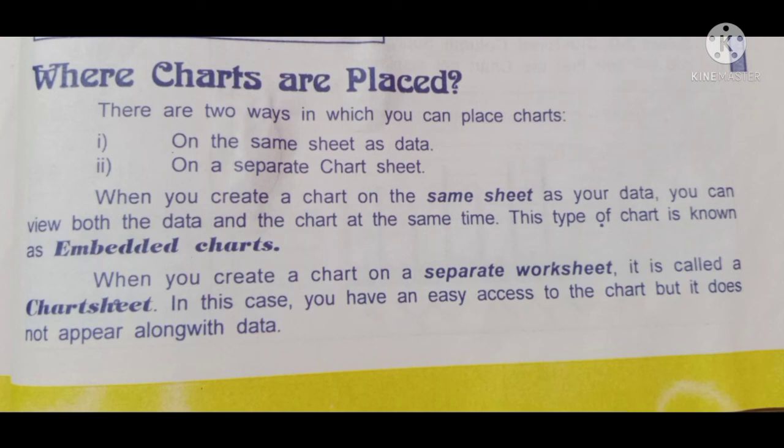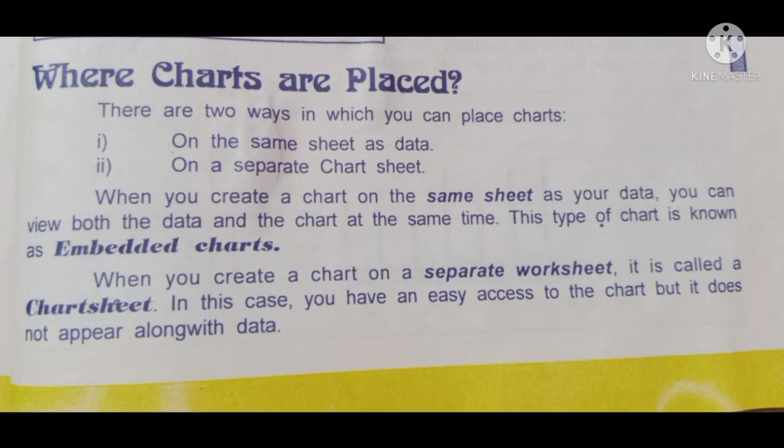This type of chart is known as an embedded chart. When you create a chart on a separate worksheet, it is called a chart sheet. In this case, you have easy access to the chart, but it does not appear along with data.